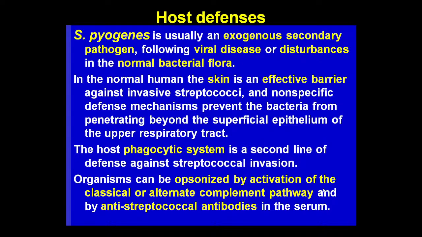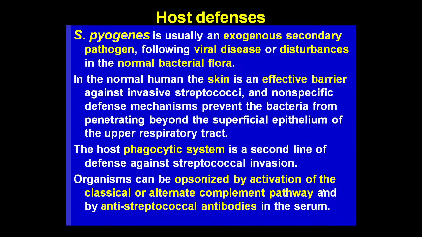If we have intact skin, this works very well against the invasive properties of streptococci. Usually non-specific defense mechanisms on the skin surface prevent bacteria from penetrating beyond the superficial epithelium or the upper respiratory tract. But if the skin is damaged, there's a very easy way for streptococci to cause infections.